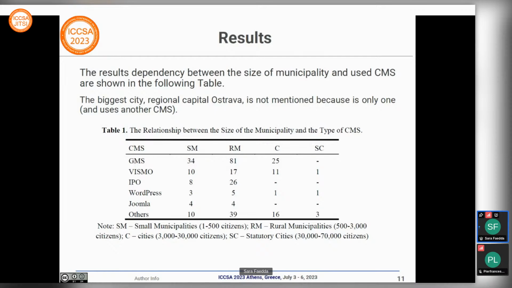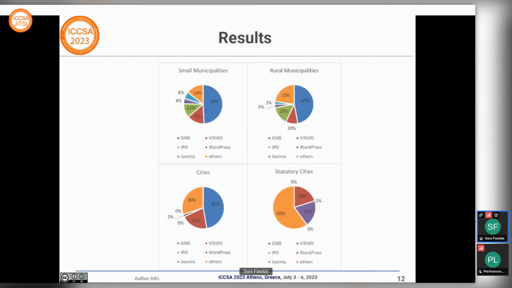Then WordPress is used only by 5 rural municipalities, and Joomla by 4. What is interesting is that WordPress is used by the statutory cities in one case, and Wismo in another one, and 3 of them, so more than half, they use other systems. So they have their special custom systems. They are used in those municipalities.